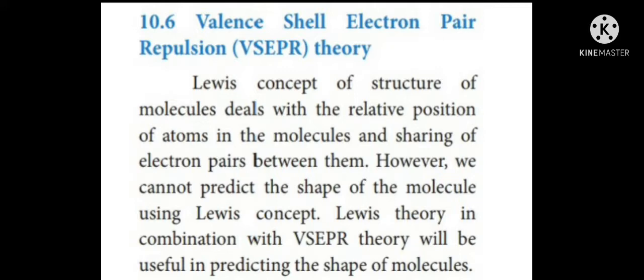But Lewis concept does not explain or predict the shape of the molecules. Hence, along with Lewis theory, we have valence shell electron pair repulsion theory to predict the shape of molecules. Now, let me discuss important principles of valence shell electron pair repulsion theory.